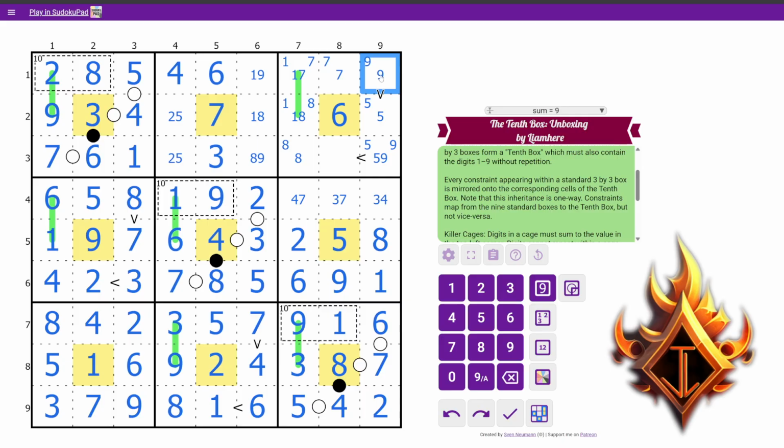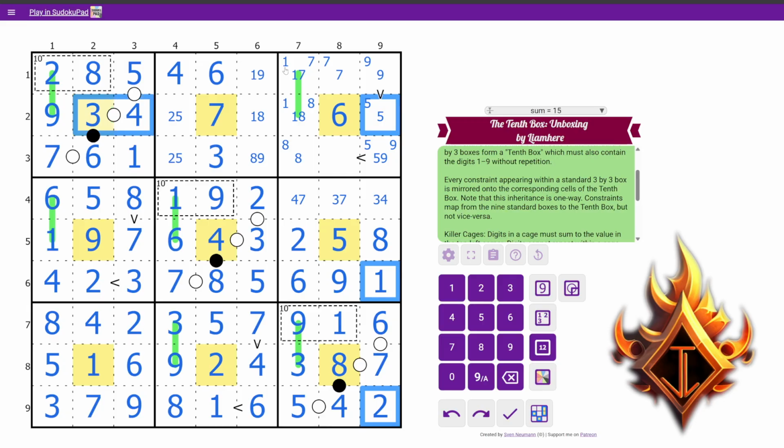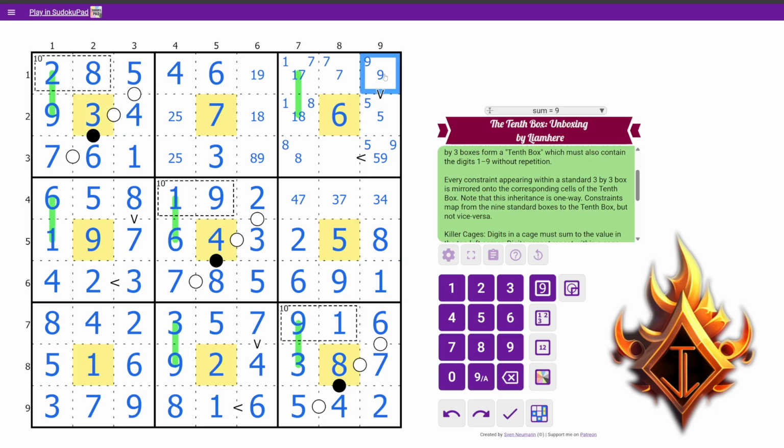This has to be, this digit here is less than, cannot be 1, 2, 3, or 4. So this digit has to be higher than 5.